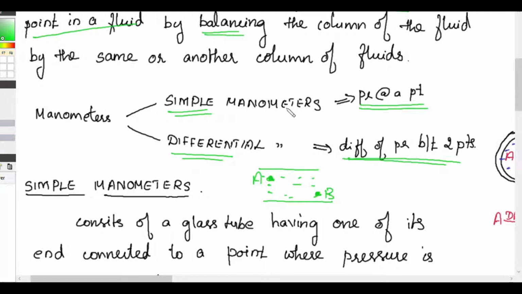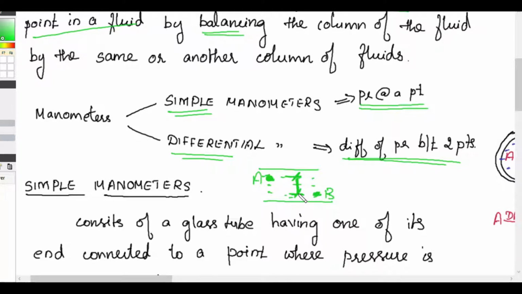A simple manometer will help you measure the pressure at A. Another simple manometer will help you measure the pressure at B. But a differential manometer will help you measure the difference in pressure between the points A and B. So we have manometers, and in the manometers we have simple manometers and differential manometers.